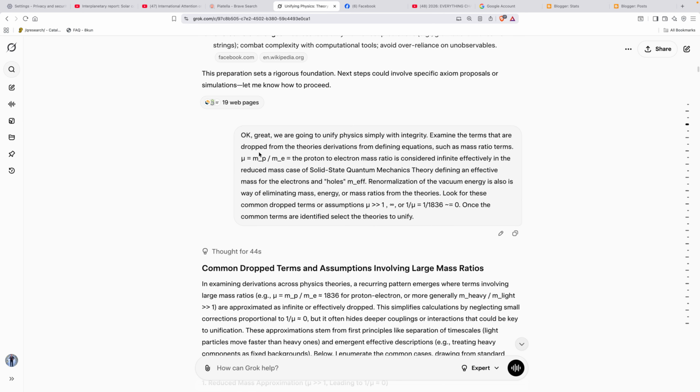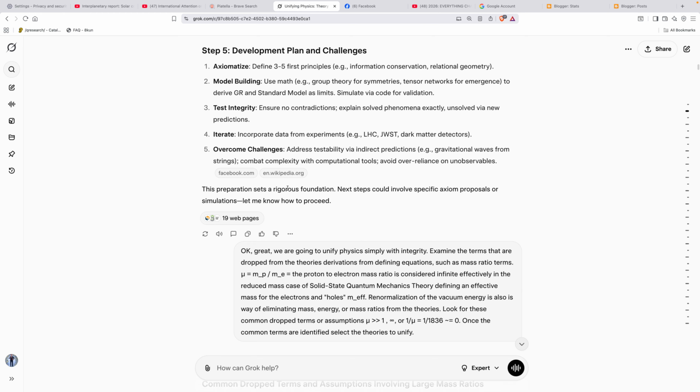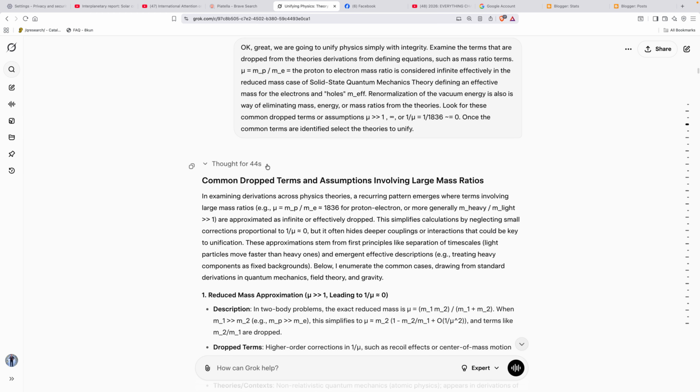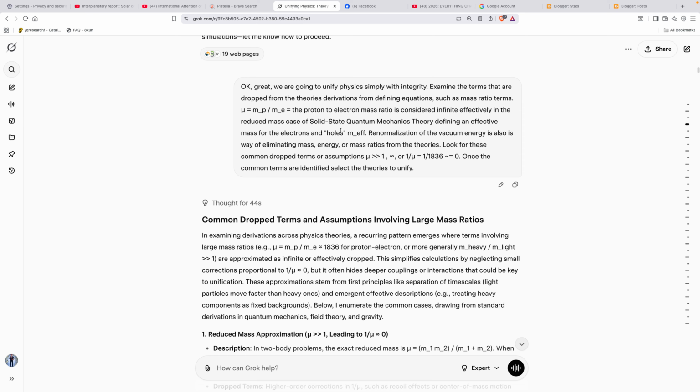And I just hit it with the unification. Or not the unification, this is right before the unification. I want to have Grok go in and unify without telling it the actual solution. Just say, hey, use integrity and restore those terms without giving it what those terms are yet.